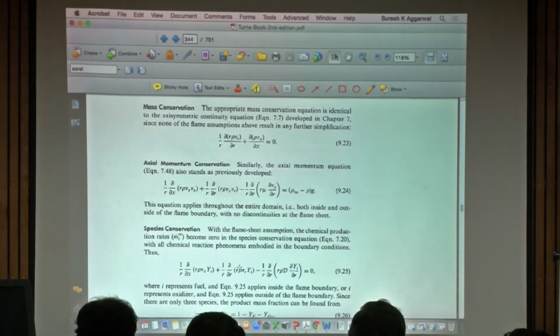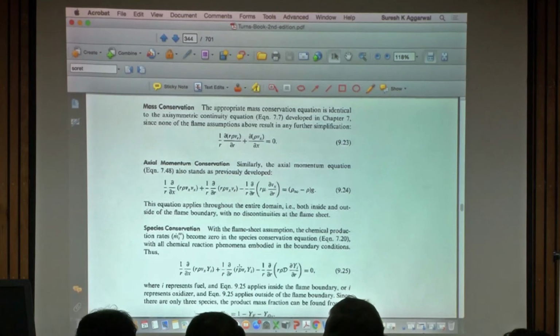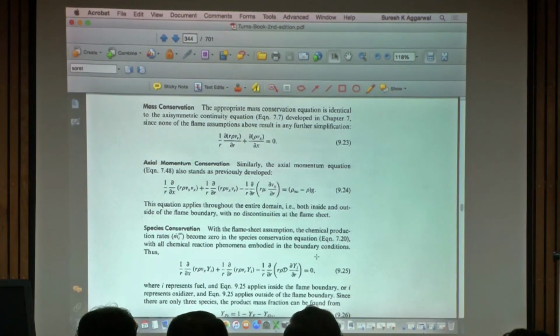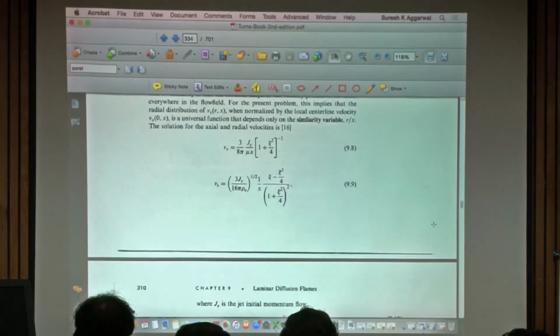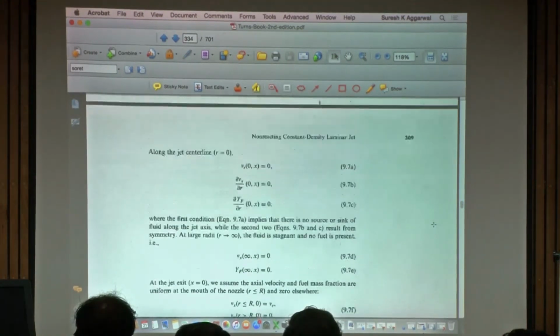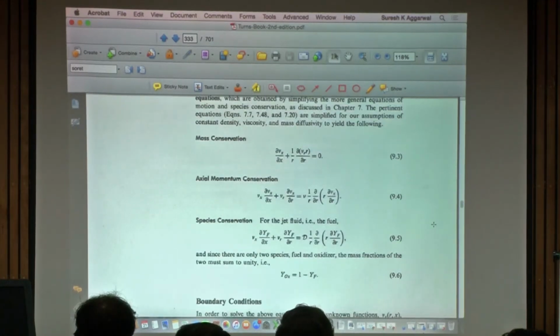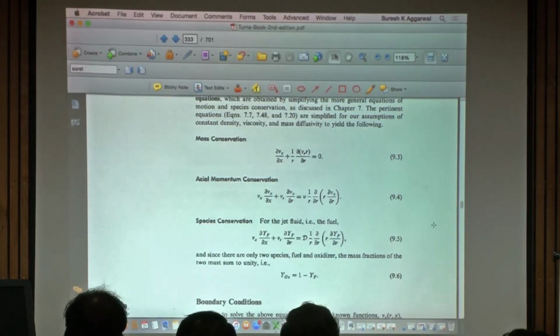So, those equations are given on page 333. Okay. So, these are the equations for the constant density case. Okay.